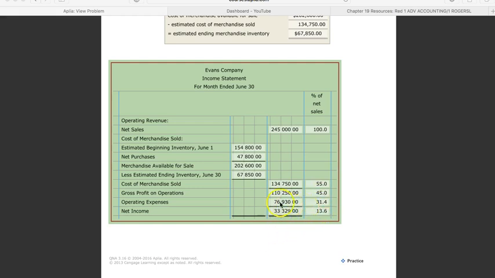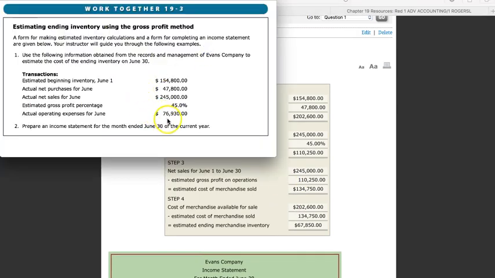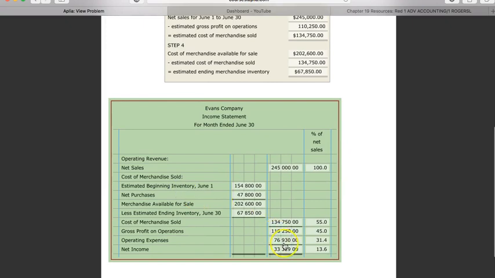So I think we left off, we got our operating expenses of $76,930. We got that from our instructions. Actual operating expenses for June, $76,930. And then we subtracted $110,250 minus $76,930, and we got this $33,329, which was our net income.